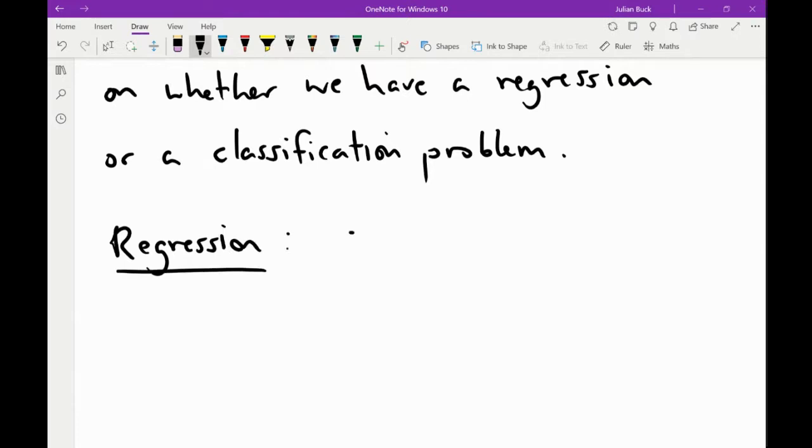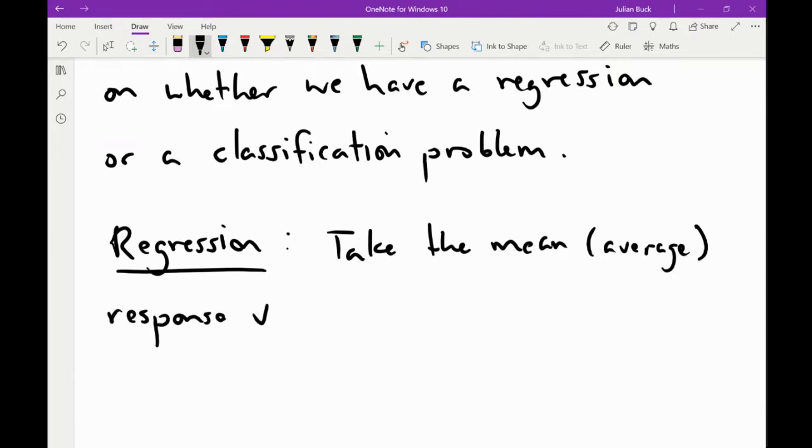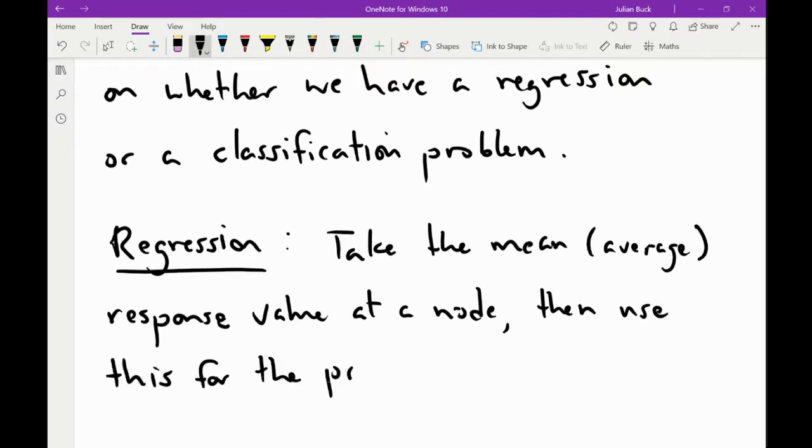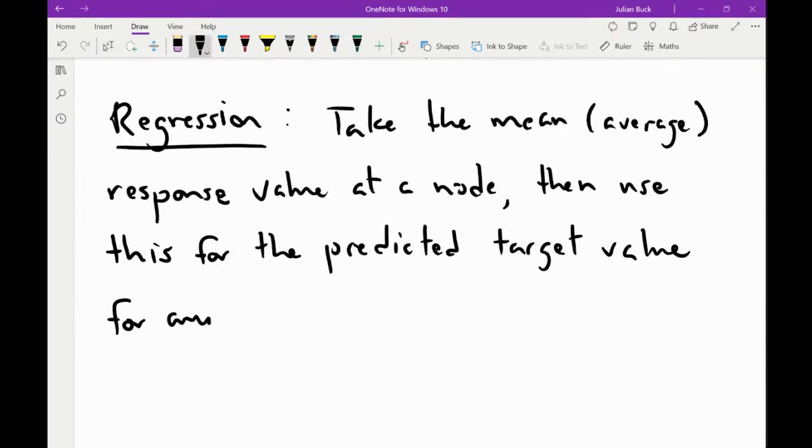Take the mean, the average response value, or target value, at a node, then use this for the prediction, the predicted target value, for any point that would end up in that node.